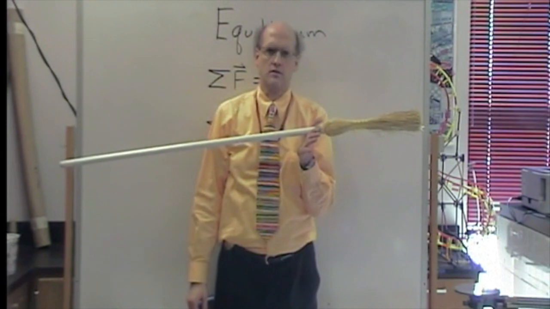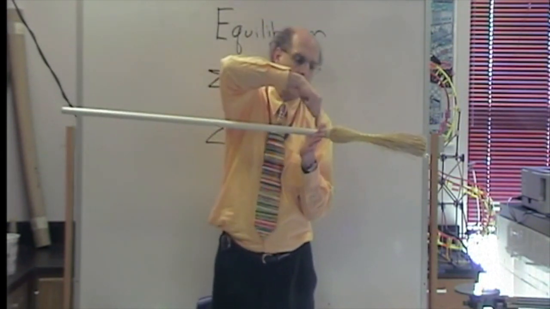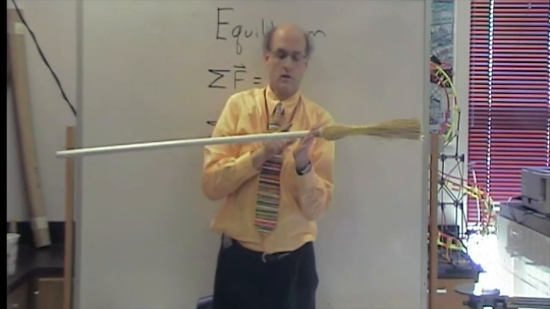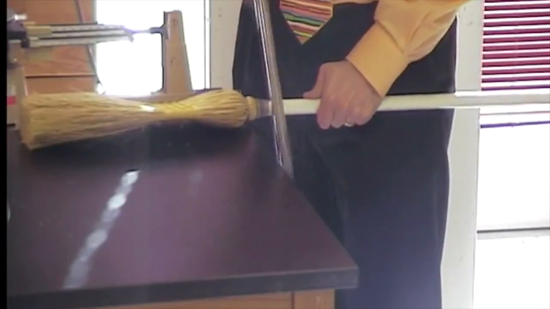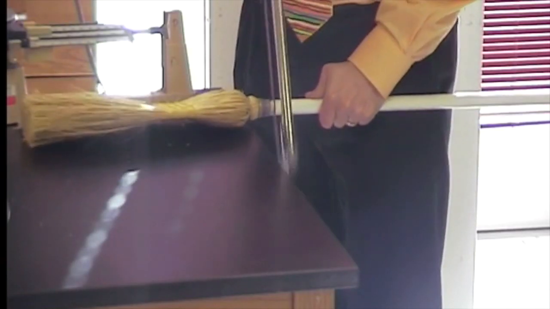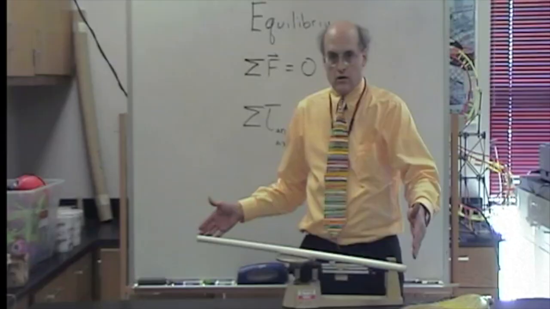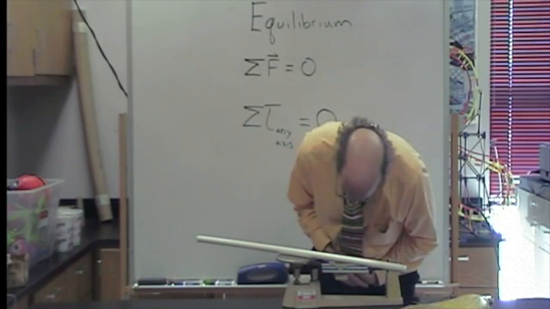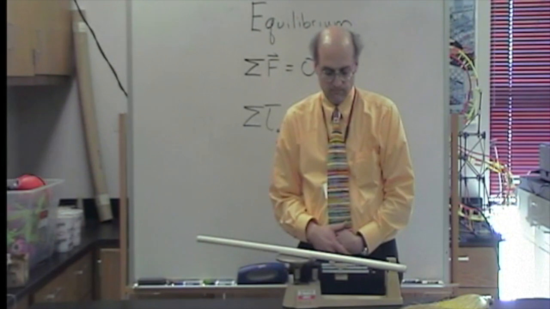Now we can check this by cutting this in half. Okay, actually cutting right here. So separating this end of the broom from the handle and then weighing each part. So this end of the broom has a mass of 224 grams.